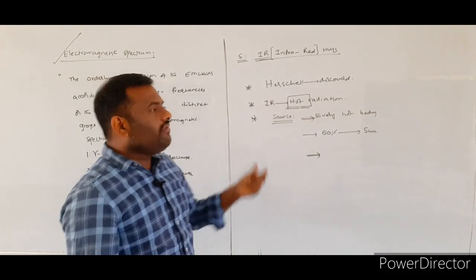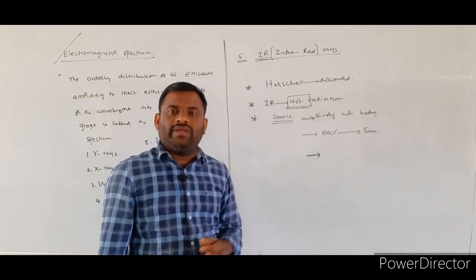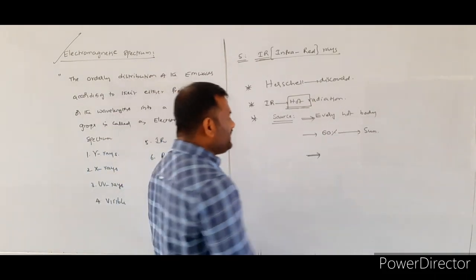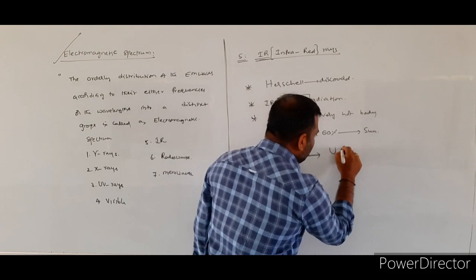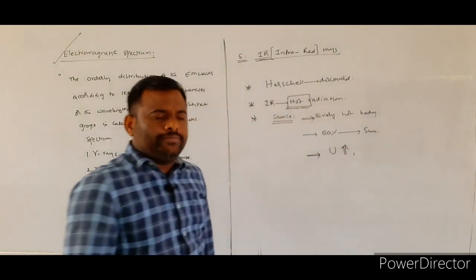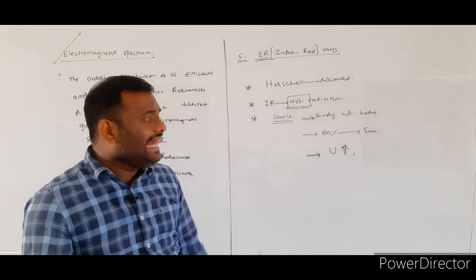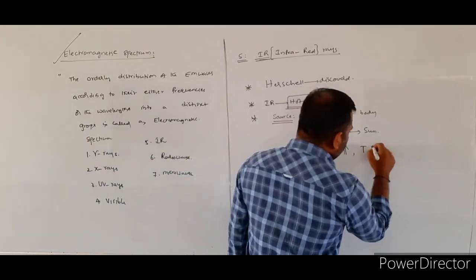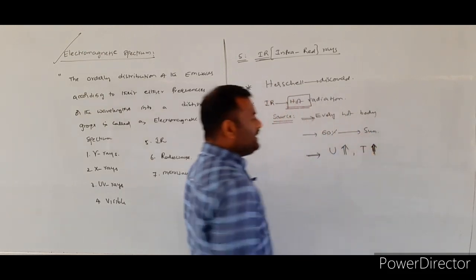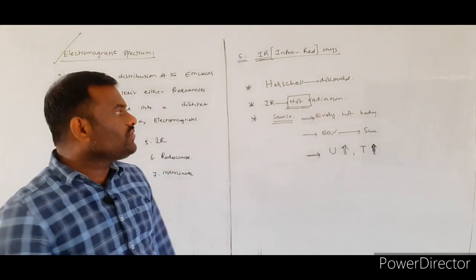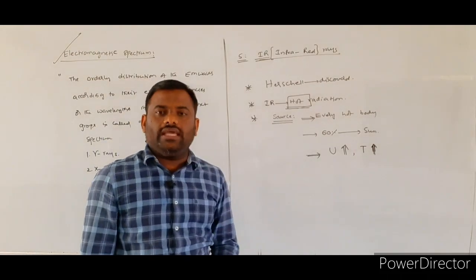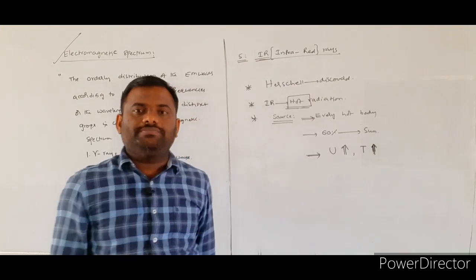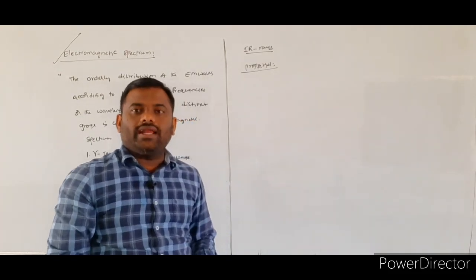Whenever the IR radiation is incident on the given bodies, they will increase the internal energy of the given body, and they also increase the temperature of the given body. So this is the introduction, the basic information about the IR radiation. We will discuss some of the properties of the IR rays.